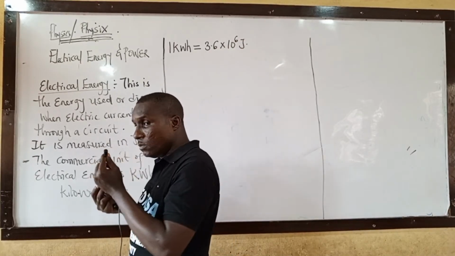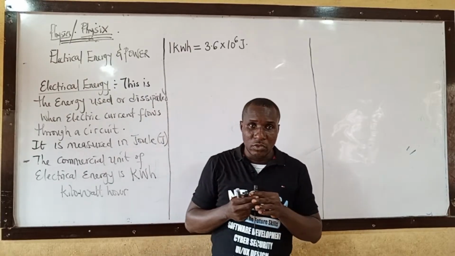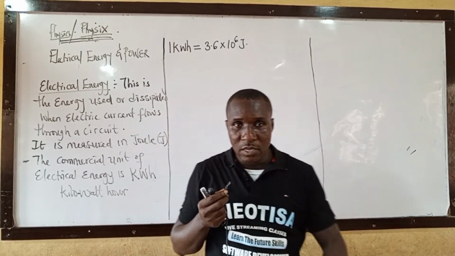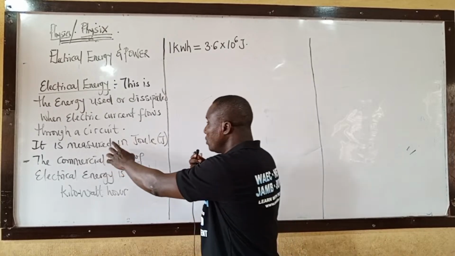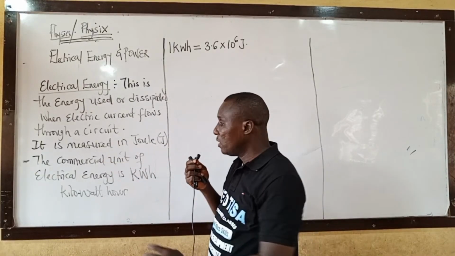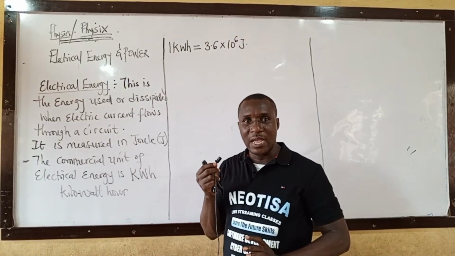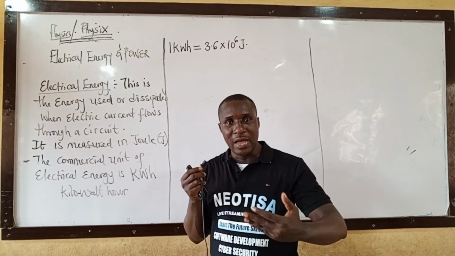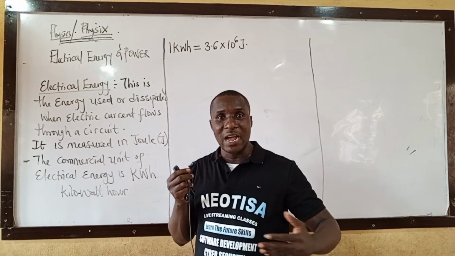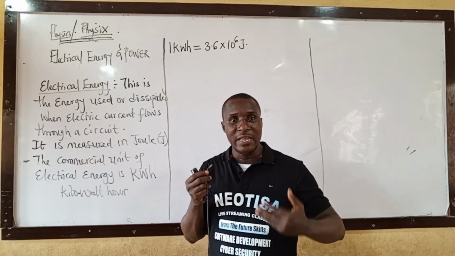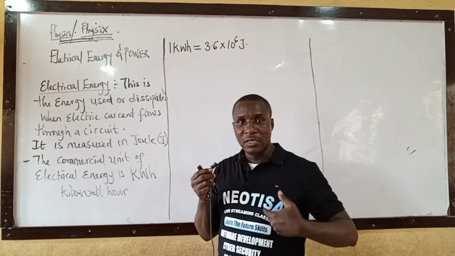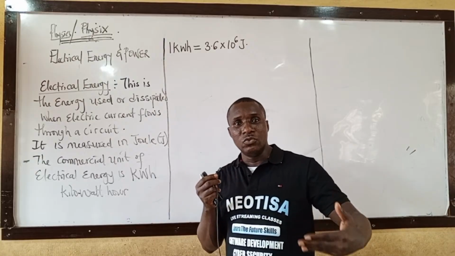Write it down. It's coming out in JAMB. The unit of electrical energy is joules. Then we have the commercial unit of electrical energy. Like NEPA, they are into the commercial aspect. They are selling electrical energy to consumers.